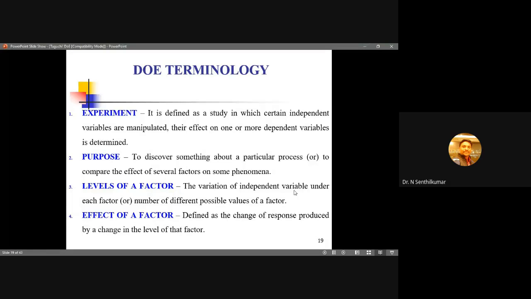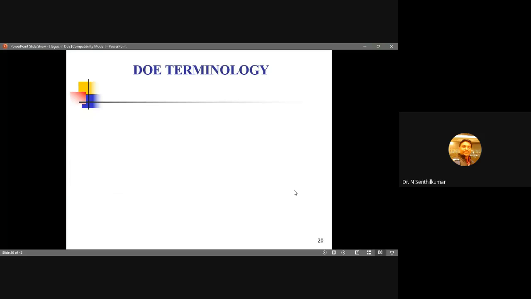Then the effect of a factor. If first I do the experiment with a cutting speed of 100 meters per minute, I will get some value of output. In the second case, that 100 is changed to 200. So what is the effect that I am going to identify? Then treatment. The treatment is nothing but the factor, the input factors.